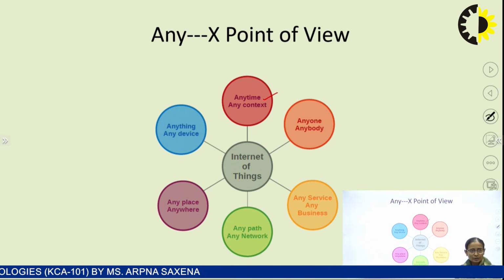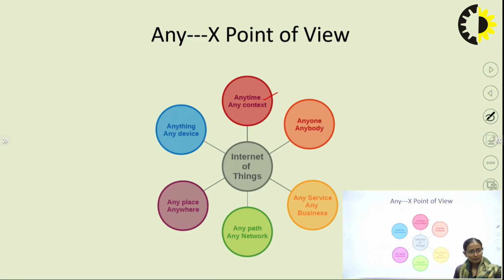They can use IoT on any path, any network. Again, there is no restriction, wireless or wired. IoT applications can be deployed any place, anywhere, and they can work on any device. That is, support for the heterogeneity of devices is there.